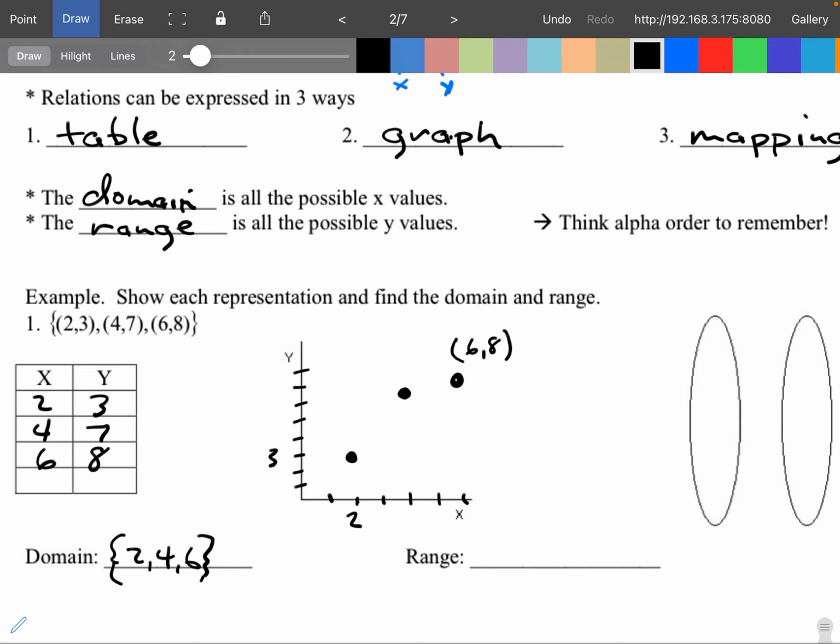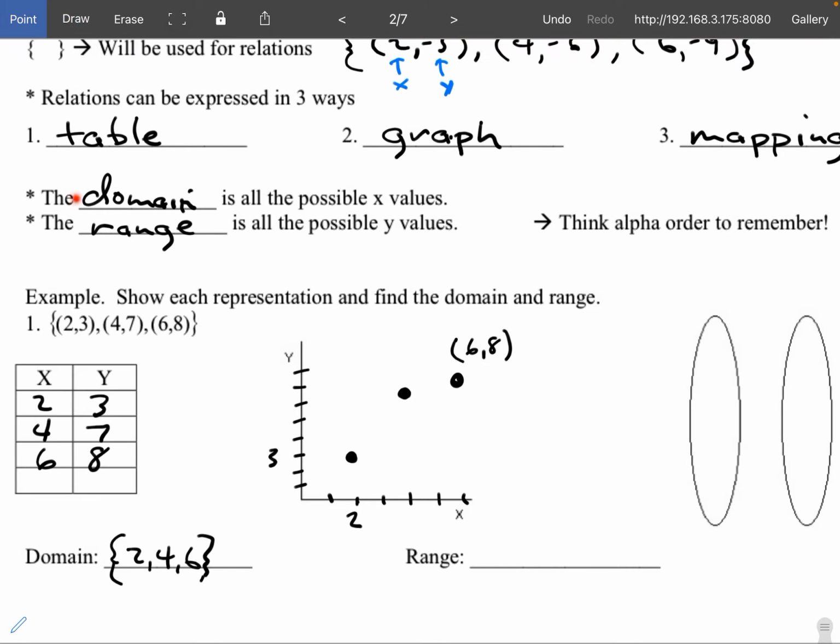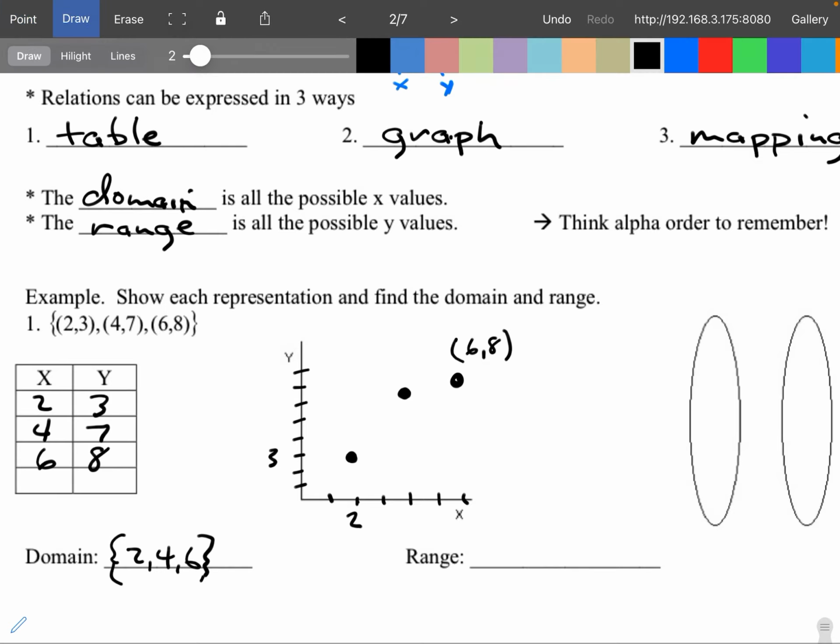So the domain is 2 comma 4 comma 6. And then the range, we have those definitions above, right here. The range is the set of all the y values, so that is just going to be 3 comma 7 comma 8.